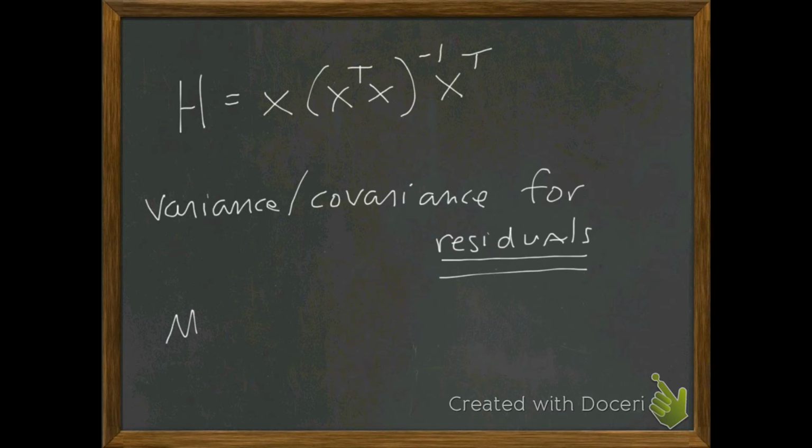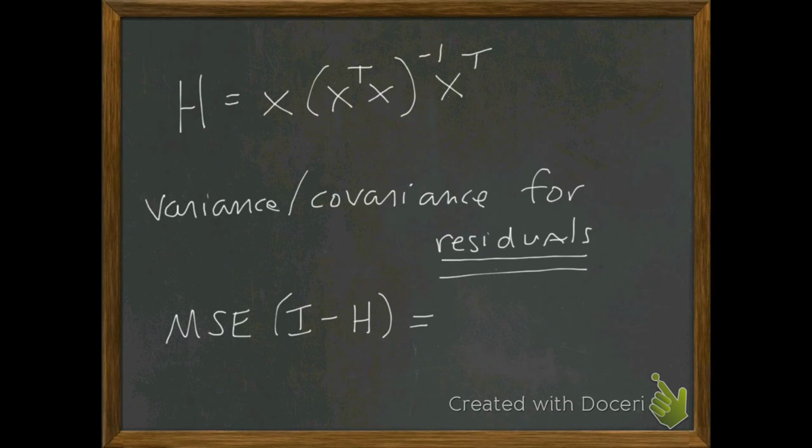It's going to look like the mean square error times I minus H. Yes, that's right.